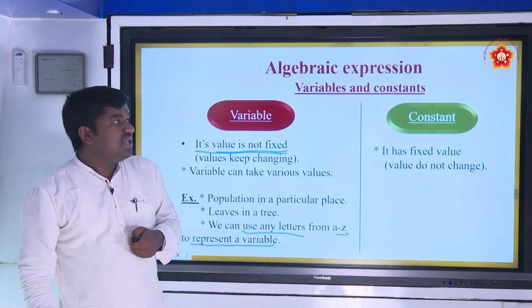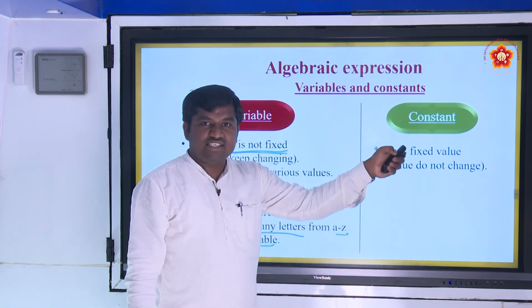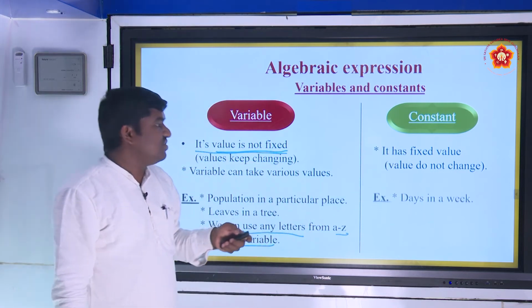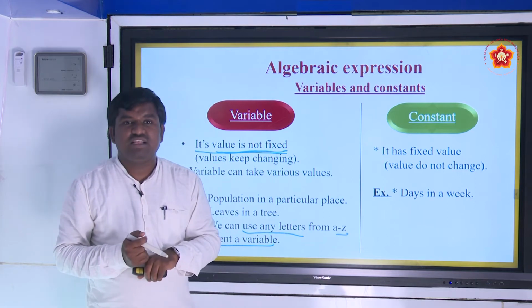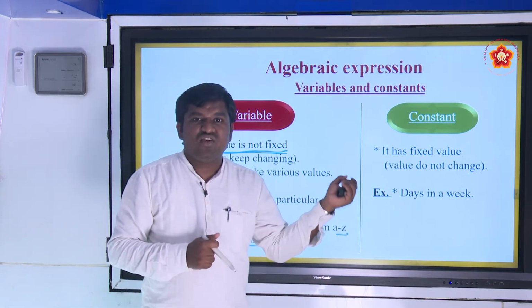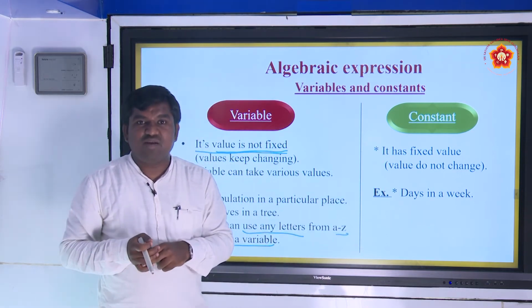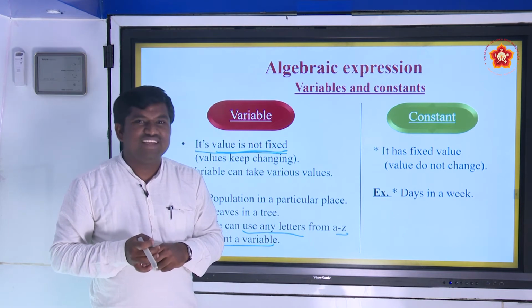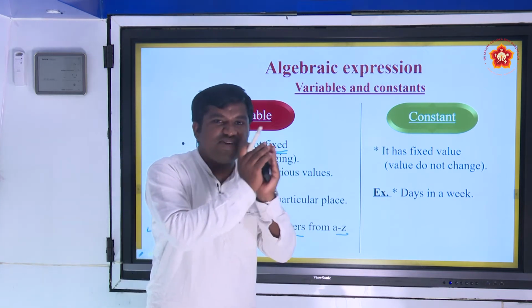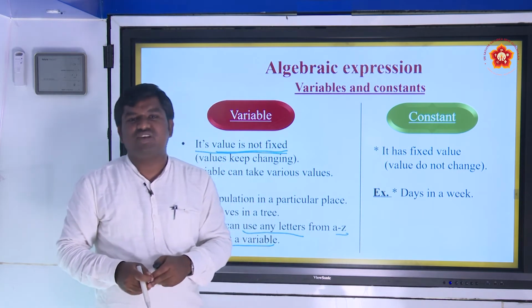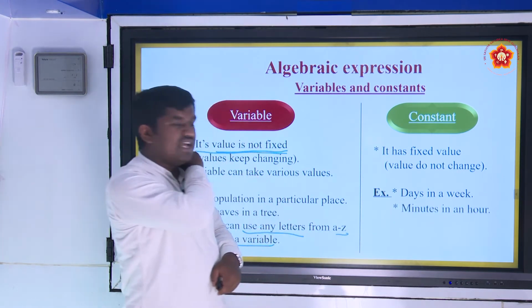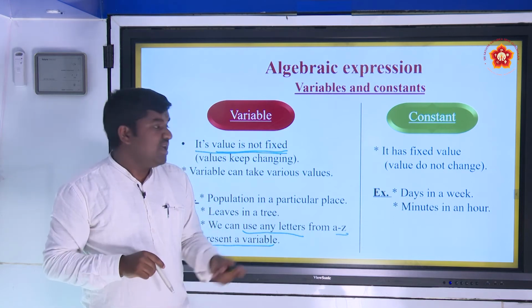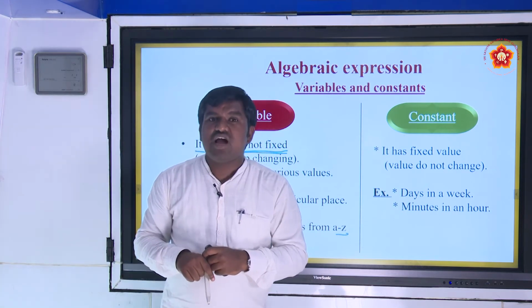Then, any examples for constant? Yes, days in a week. How many days in a week? 7 days in a week. Does it change from time to time? No, it's a constant, it's fixed. So this is a very good example for constant. Another example for constant is minutes in an hour.